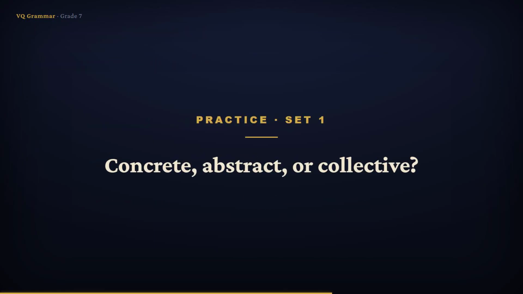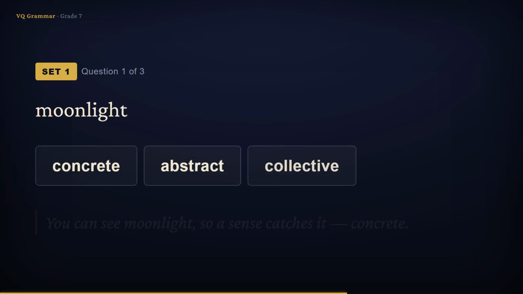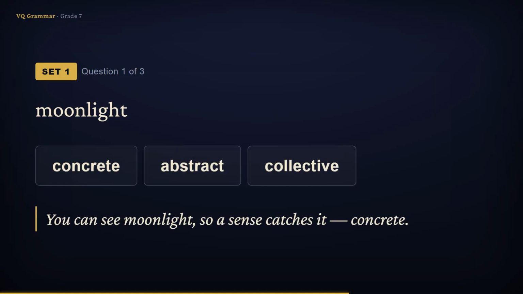In this first set, decide which family each noun belongs to: concrete, abstract, or collective. Pause the video and try each one before I reveal the answer. Moonlight. Which family? You can actually see moonlight glowing on the ground, so one of your senses catches it.